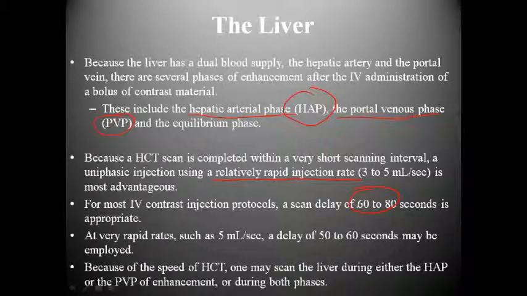Because of the speed of helical CT, one may scan the liver during either the HAP or the hepatic arterial phase, or the PVP, which is the portal venous phase of enhancement, or during both phases. With the older scanners, this was not possible to actually get both phases because it would take so long to actually acquire one phase that you'd be almost ready to enter into another phase. But now that has changed.